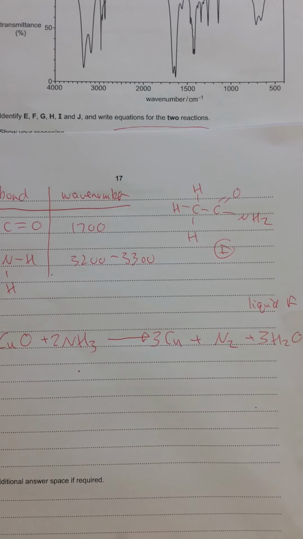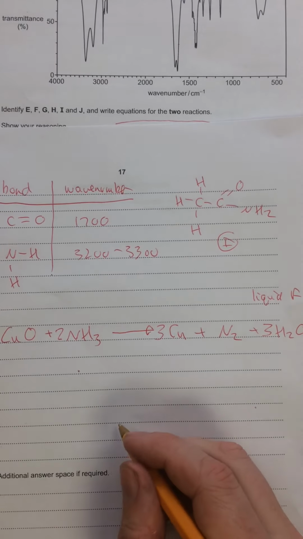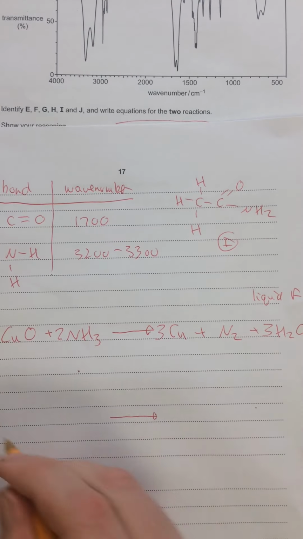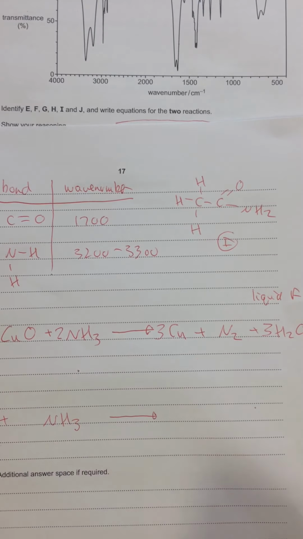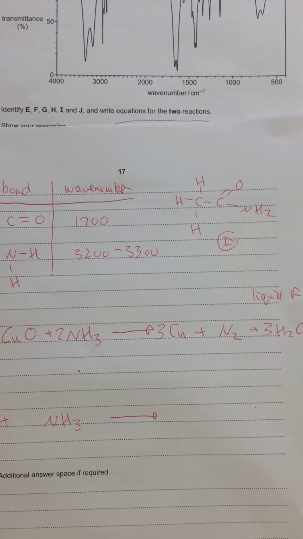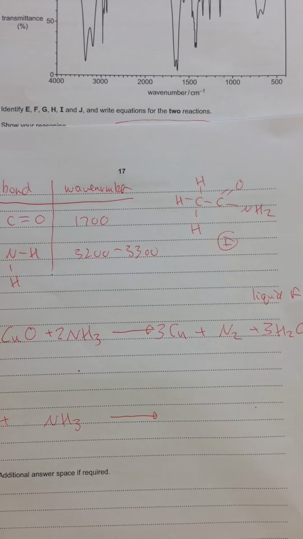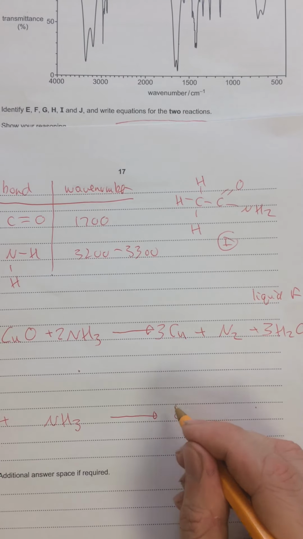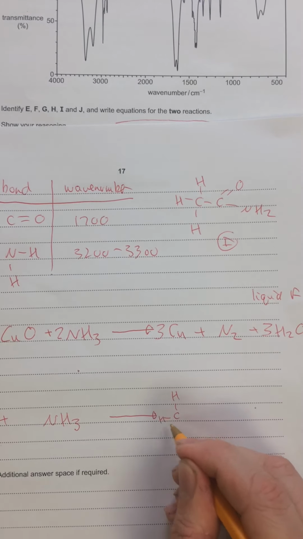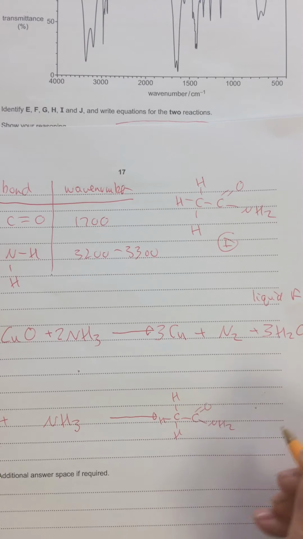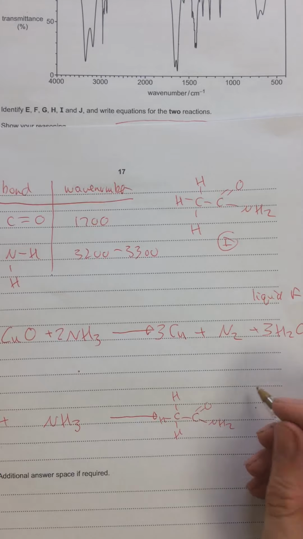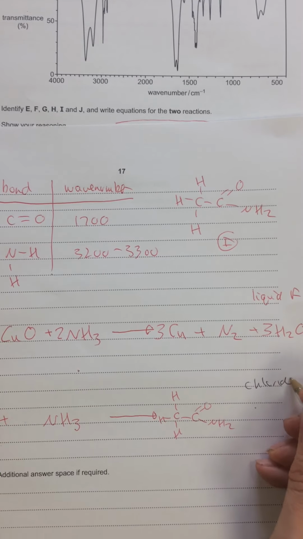Moving on to the second equation, well, again, let's just build it up slowly. We know that chemical H was reacted with ammonia, and we know that the product of that, chemical I, we got this from the infrared spec, was our primary amide. And the question also tells us we had a chloride salt.